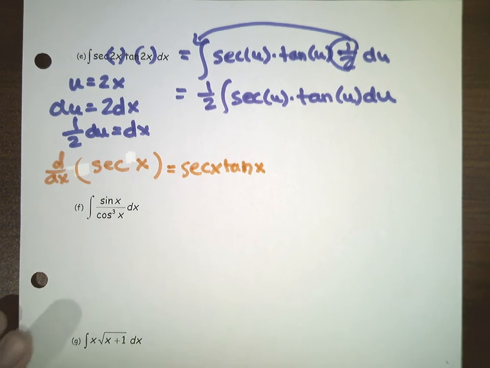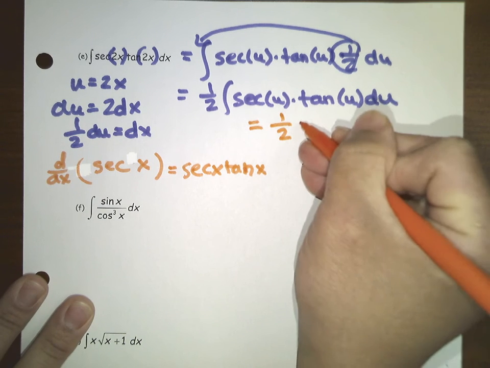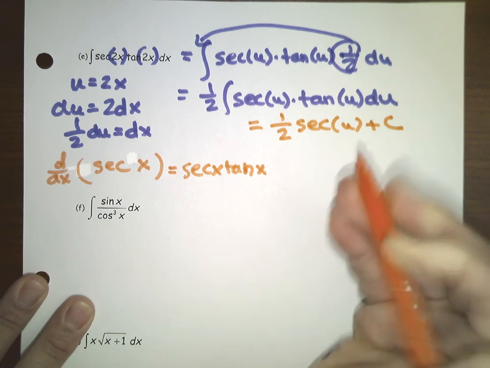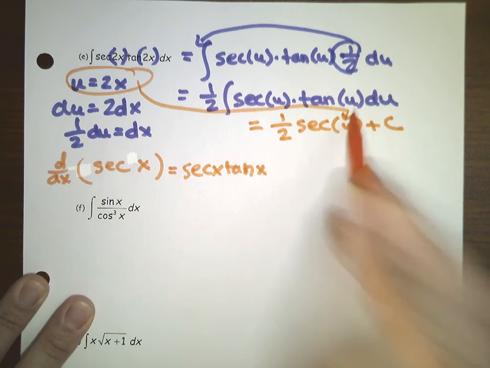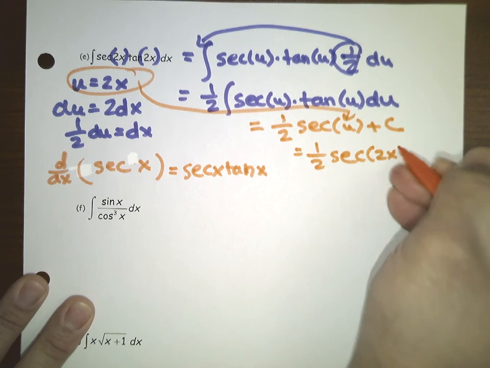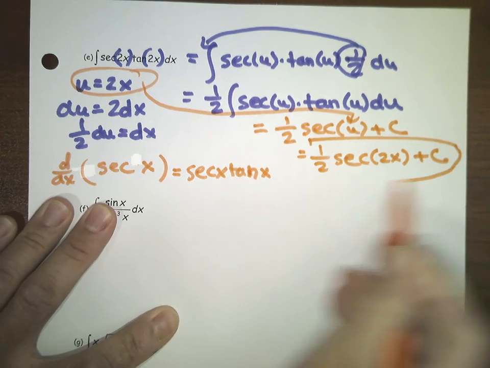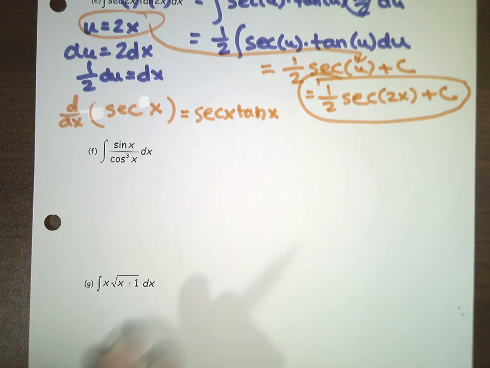So this integral is 1/2 secant of u plus c, and then you substitute in the u, which was 2x, so this is 1/2 secant of 2x plus c. There you go. That is the indefinite integral here.